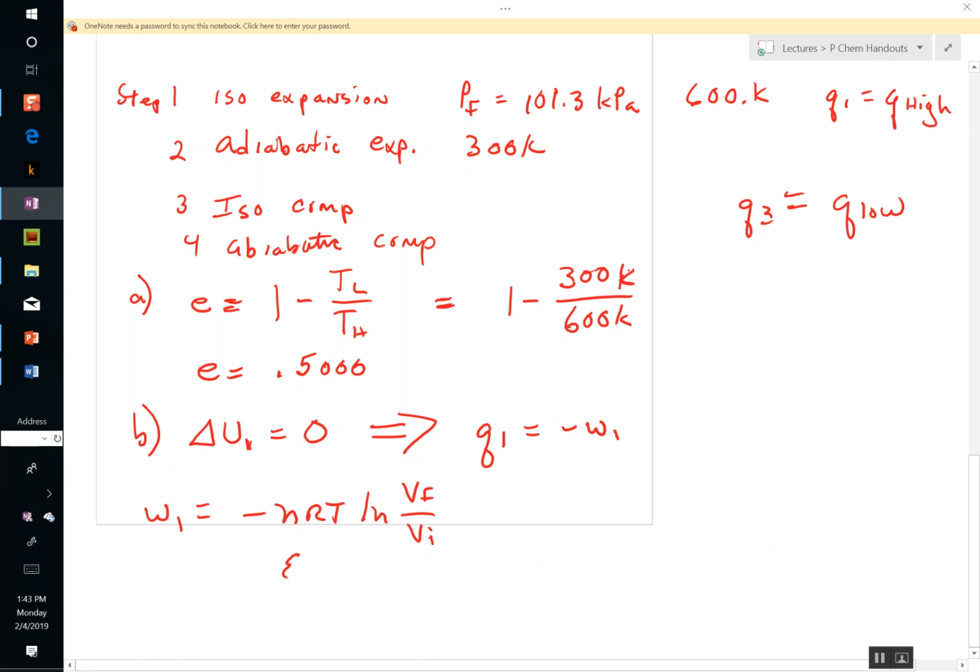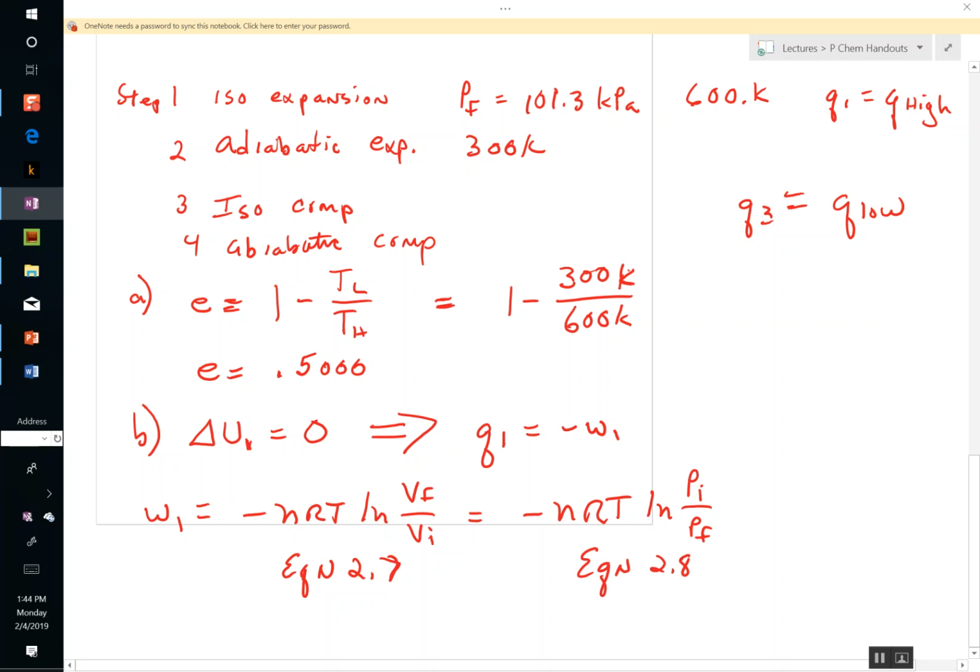Now, this is equation 2.7. What Ryan had is equation 2.7, and what Liz is on to is actually the log of PI over PF. This is equation 2.8.